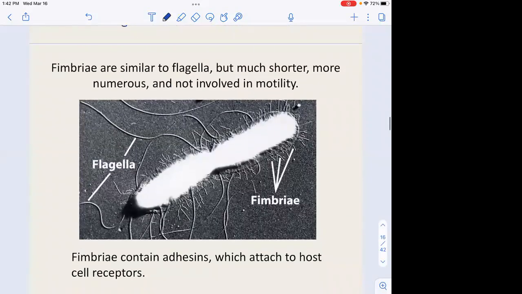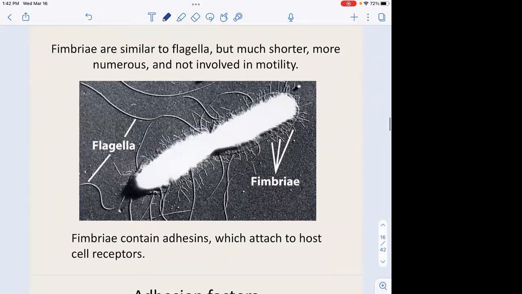Again, here's a picture of fimbriae. Don't confuse that with flagella. Remember, flagella are for motility. Fimbriae are shorter, there's usually a lot of them, and they have some kind of adhesion or attachment protein at the end of them.